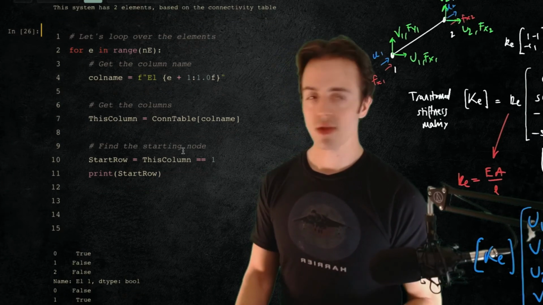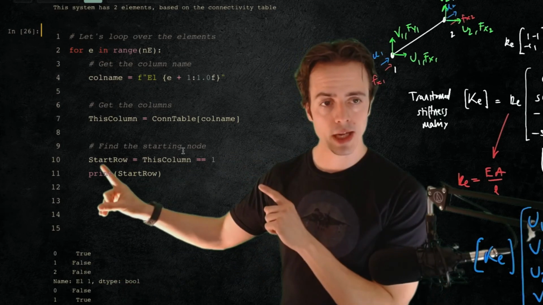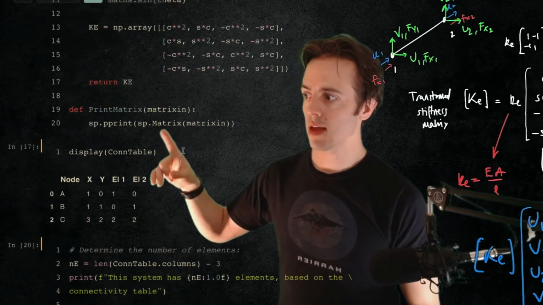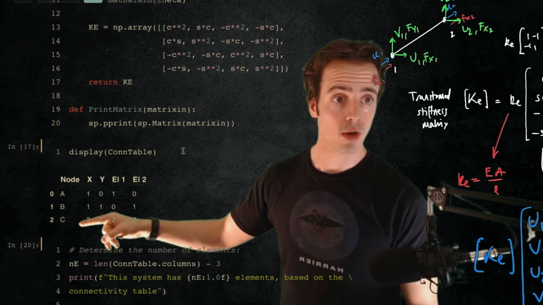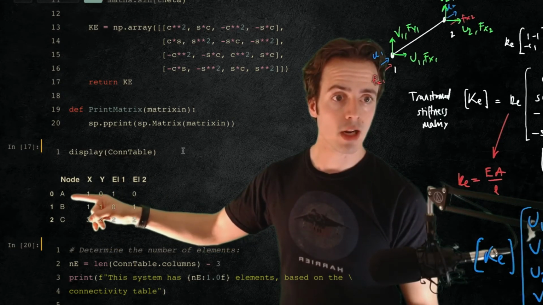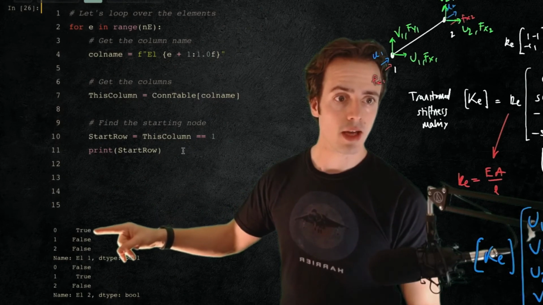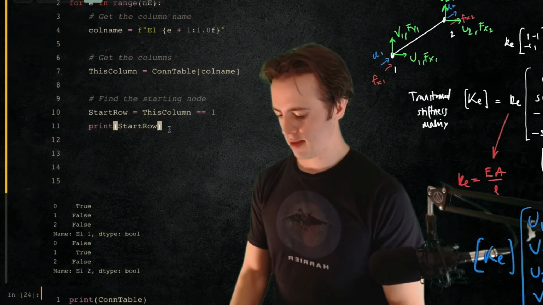Okay, so now it just gives me a Boolean index of where this occurs, but I can then use this Boolean index to say, okay, go back to this table here, look at this column, it's called node, and I want the Boolean index. So this first one is going to be node A, and the second one's going to be node B. Okay, so let's use that.